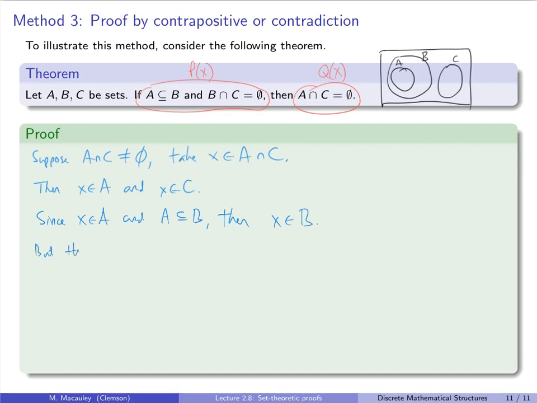But this means, because we know that x is in B and x is in C, that x is in B intersect C, so B intersect C is not empty.